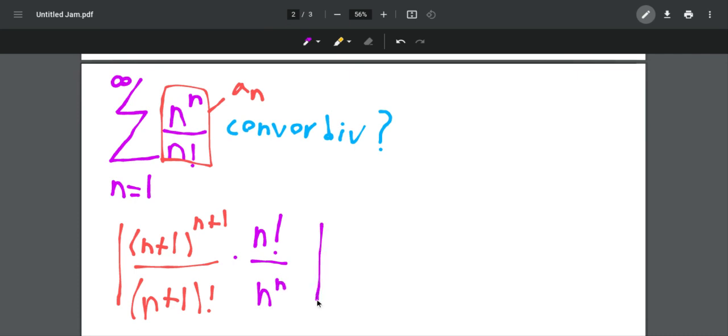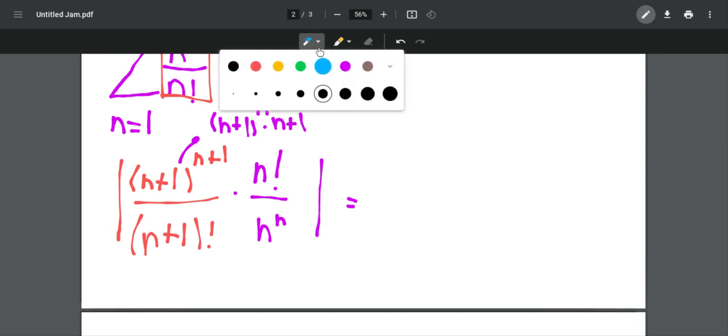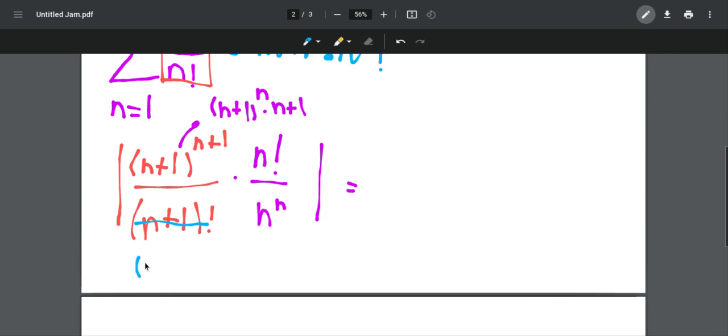So how do we simplify this? It is very easy. First of all, I want to split up this expression as n plus 1 to the power of n multiplied by n plus 1. And I can write n plus 1 times n plus 1 factorial as n factorial times n plus 1.